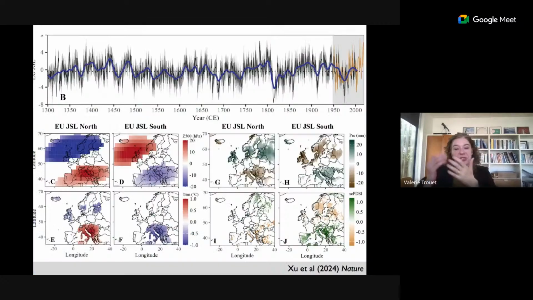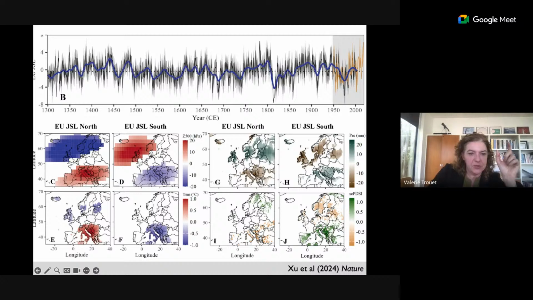We were then able to use that relationship between our tree rings and the instrumental jet stream record to not just look over the instrumental period, but to pull that reconstruction back 800 years to 1300, I guess 700 years, excuse me, to 1300 CE. And if you look at the patterns over Europe over this period, you can keep seeing that dipole, the contrast between Northwestern Europe and Southeastern Europe.